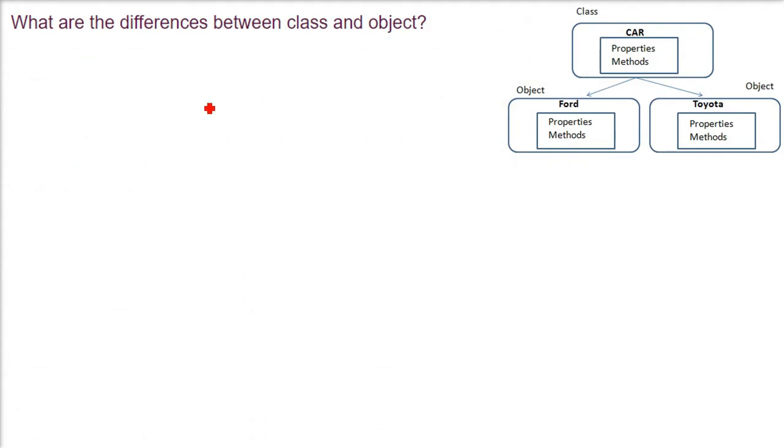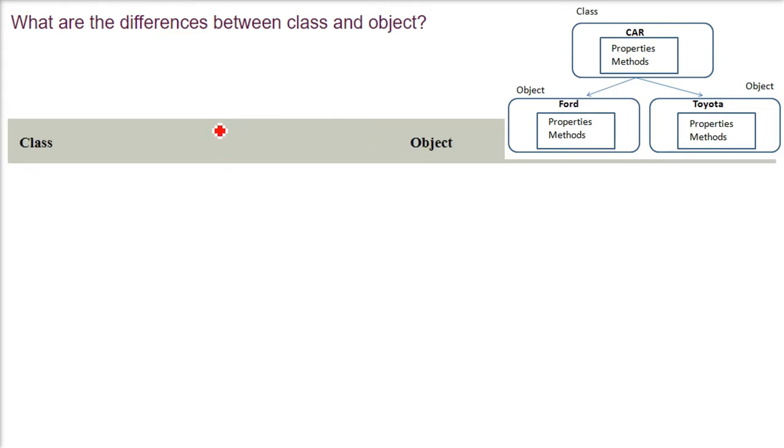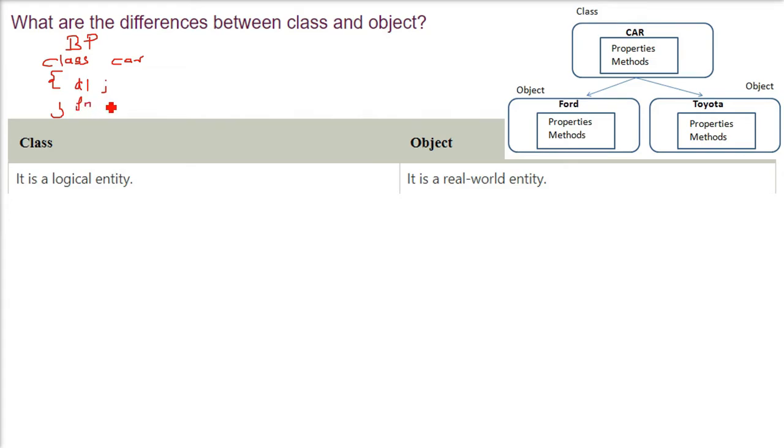What are the differences between class and object? A class is a template, a blueprint to make an object. So when you make a class, it doesn't take any memory at runtime. For example, I'm making a class car. You put certain variables, some constants, and the functions operating on these data variables.